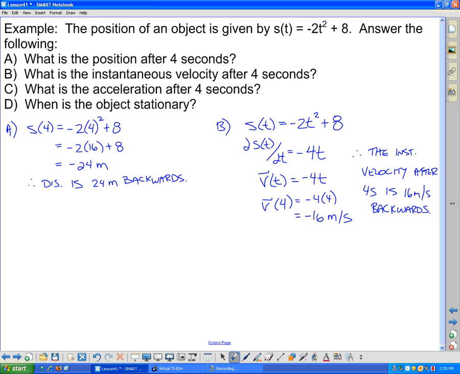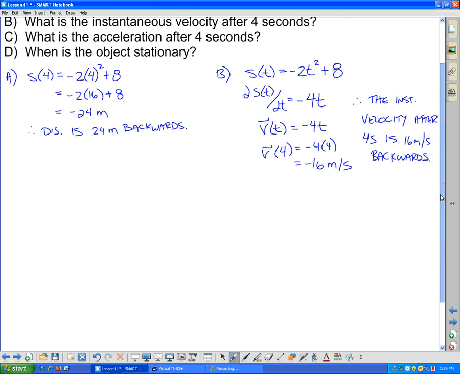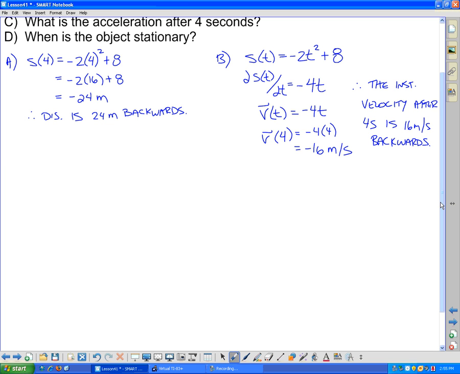All right. C part. C part is, what is the acceleration after 4 seconds? Well, if I know an expression for velocity, and velocity is -4t, then the change in velocity with respect to time, so I'm taking the derivative with respect to time, would be -4. And I know that this term is simply acceleration.